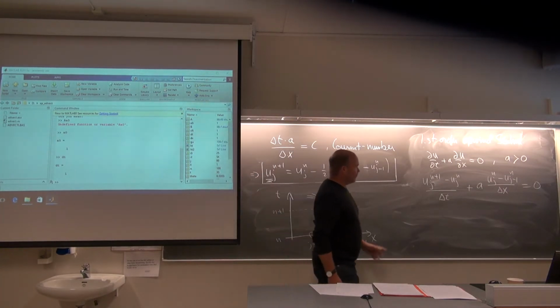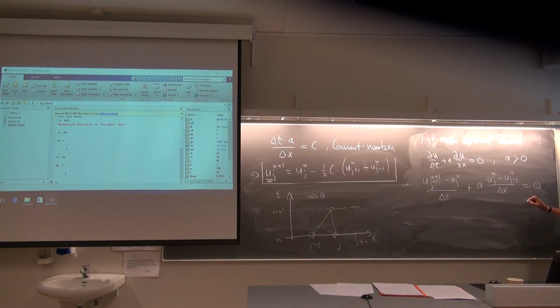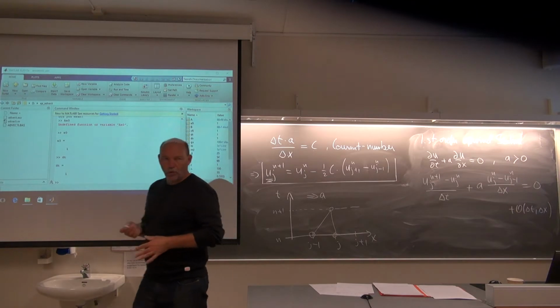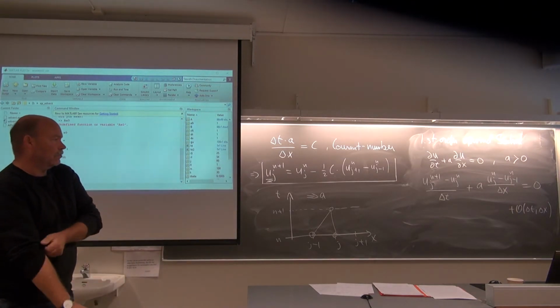So that's the philosophy behind it. The price we have to pay, this is now not equal to 0. It is equal to 0 plus order delta t and delta x. So the accuracy in space has gone down by one order. This is a first order in space also.